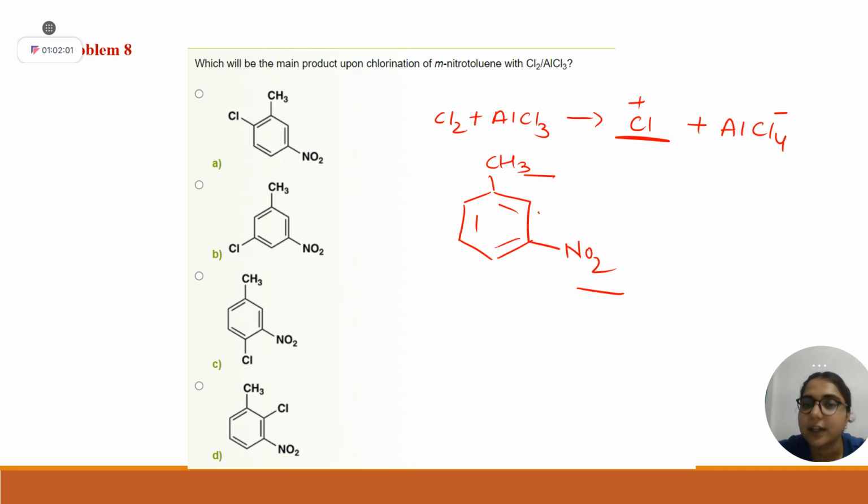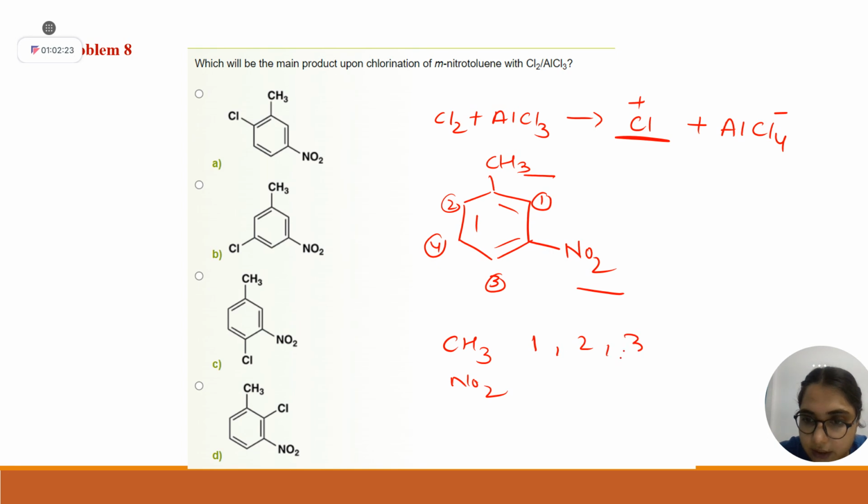Methyl. CH3 wants, this is your position 1, 2, 3, 4. According to CH3, you can add the electrophile at position number 1, 2, 3.